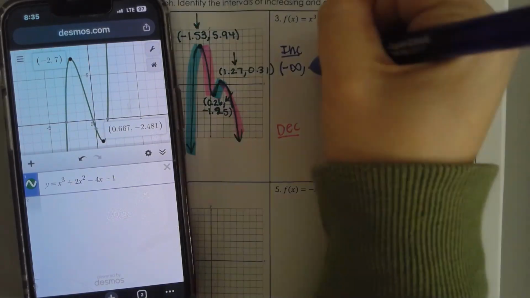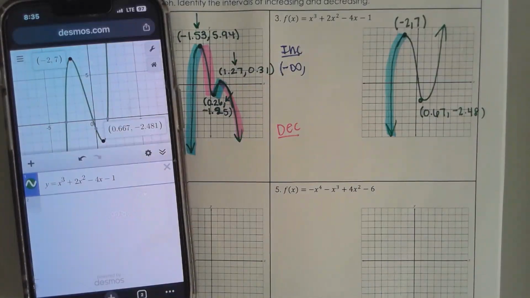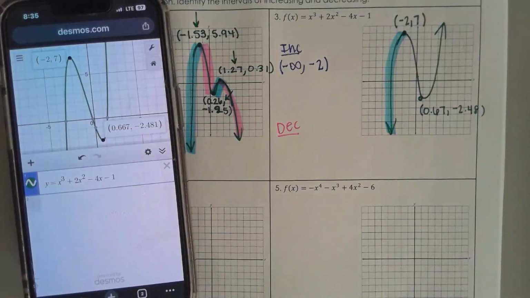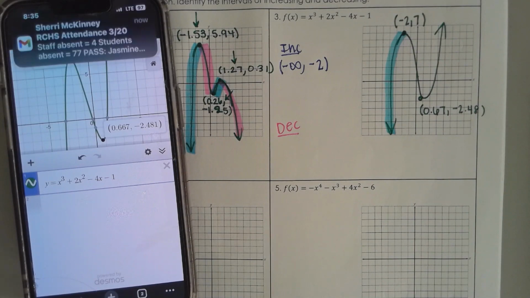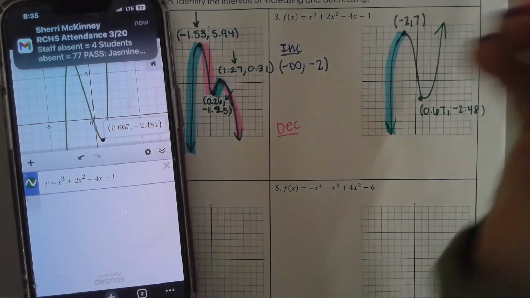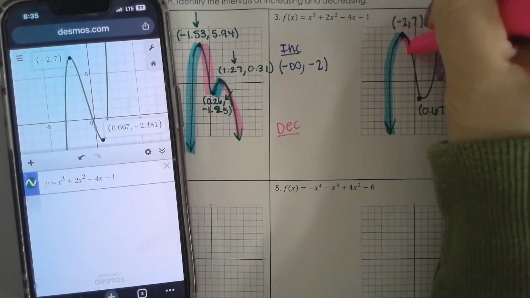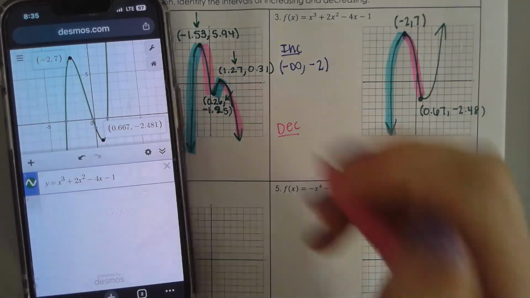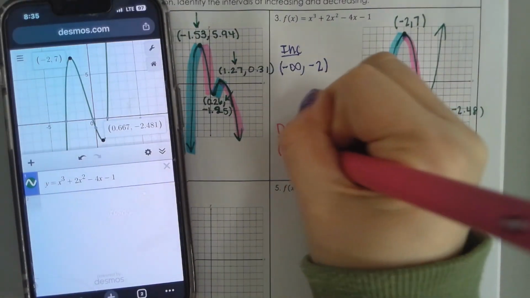And then where does it stop? Negative 2. Be careful. Now that I'm at the hilltop, at my maximum, I'm going to start going downhill. So I'm starting going downhill at negative 2.